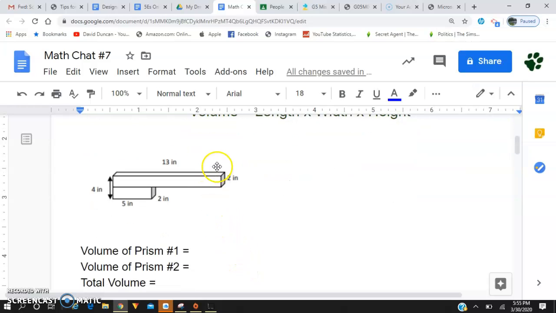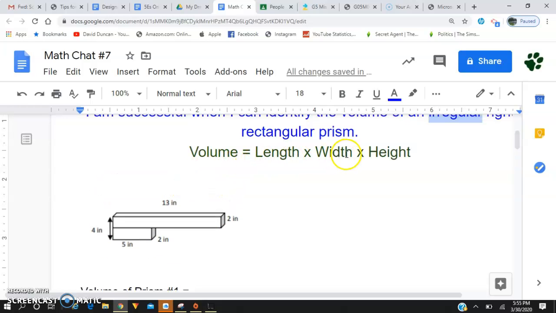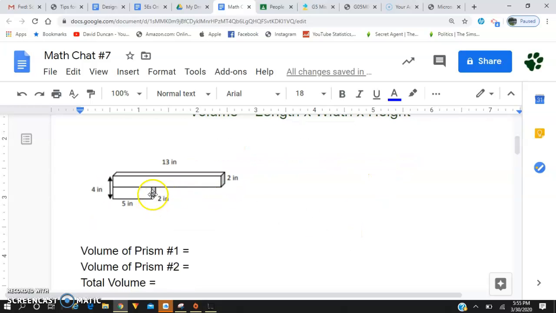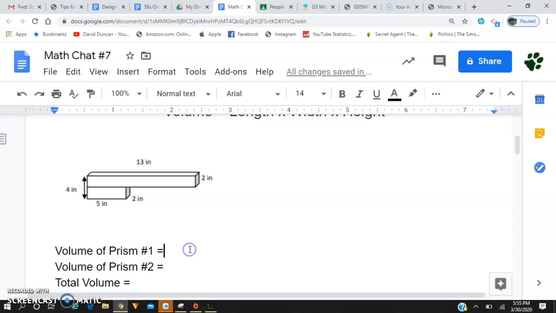There we go. To find the volume of this overall shape, we can't do our typical length times width times height because the height of these 2 shapes are not the same. So what we're going to want to do is find the volume of this right rectangular prism, which we'll call prism 1, and the volume of this right rectangular prism, which we'll call prism 2.